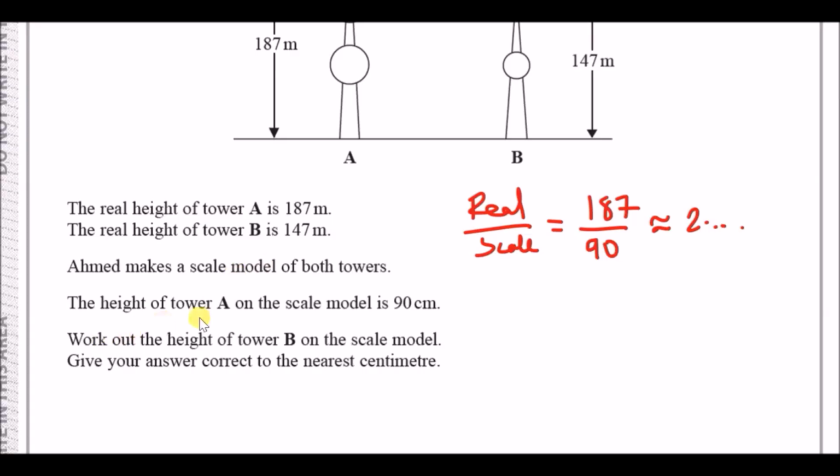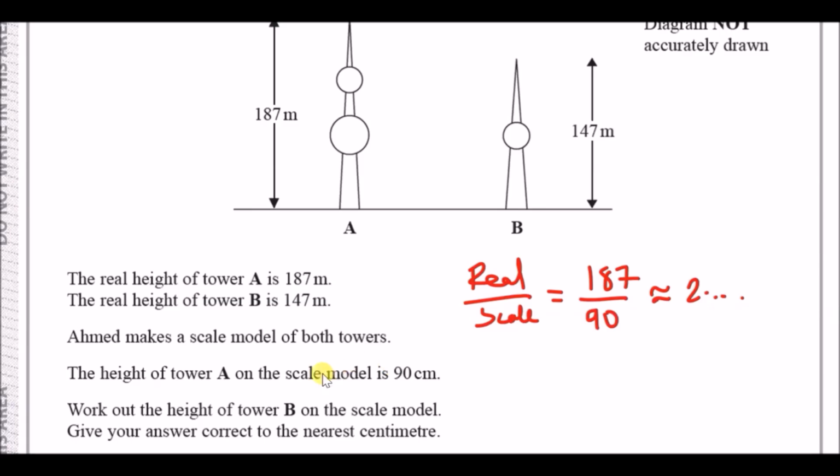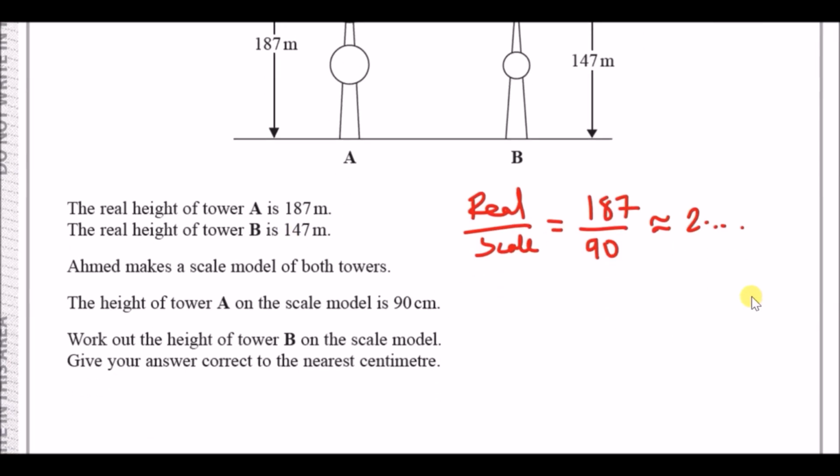Now, the question wants us to work out the height of Tower B on the scale model. So since we know the scale factor between the real height and Tower A, we can just use the scale factor of 2 point something and divide 147 by it. So for Tower B, we can say that the scale model is 147 divided by the scale factor, which is 2 point whatever on your calculator. What you guys should do is never round the value, by the way.